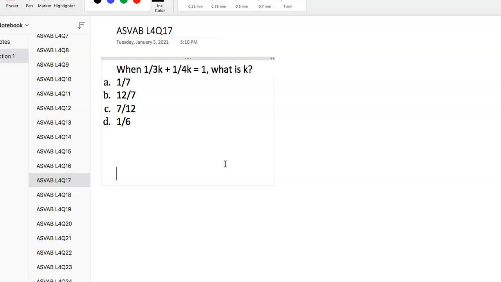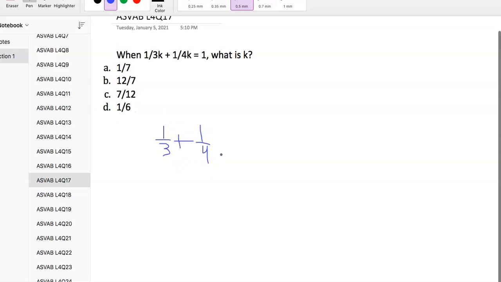Okay, 1/3 plus 1/4 k equals 1. What is k? Okay, so the first thing, right, we need a common denominator, which will be 12. Common denominator just kind of keeps showing up, doesn't it?